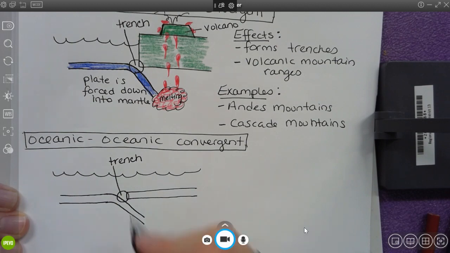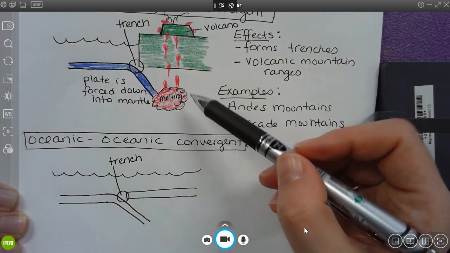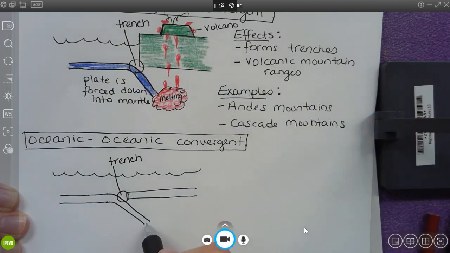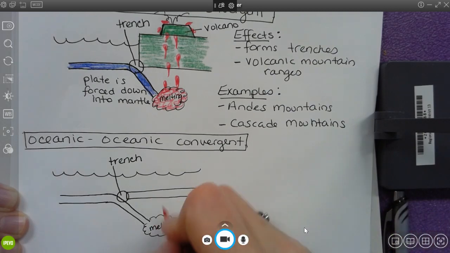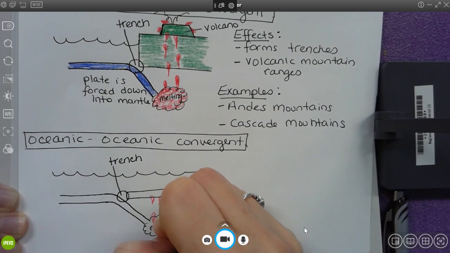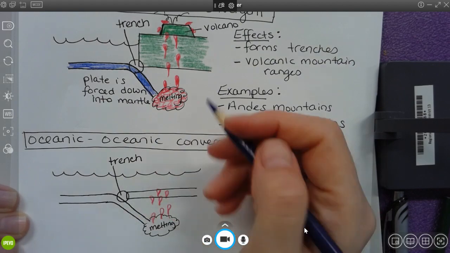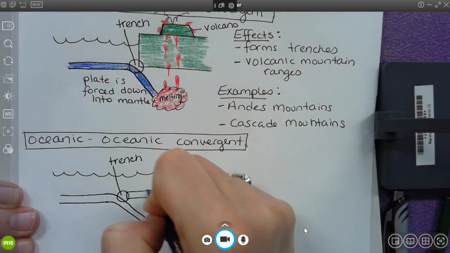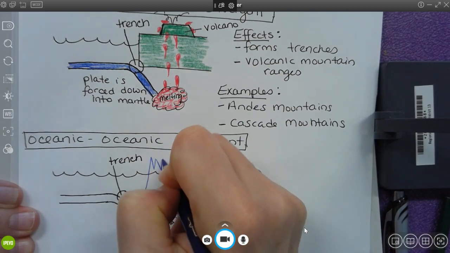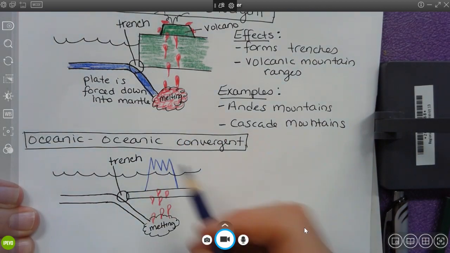All right, similar to what happened with our continental oceanic, you're going to have melting. Now, you're also going to have those plumes of magma. What do you think is going to form here? Okay, close. You said underwater volcano. It's actually going to be not underwater. So you notice how it comes up?